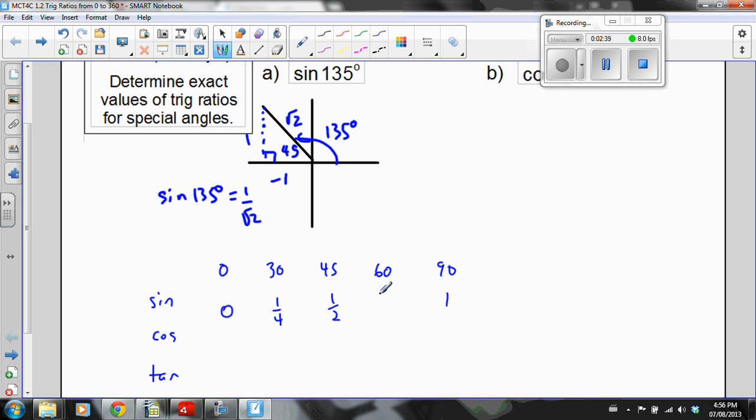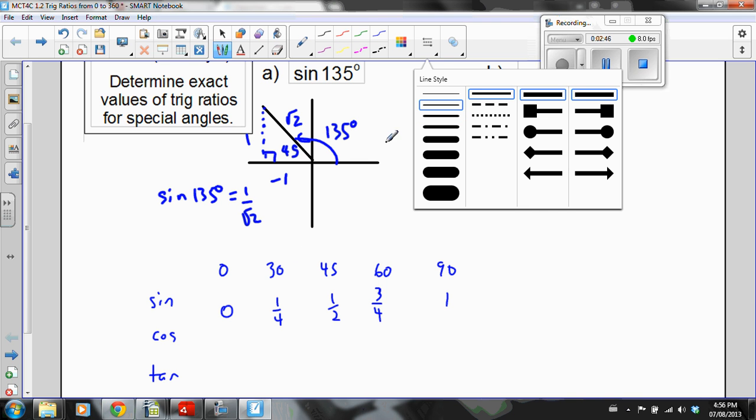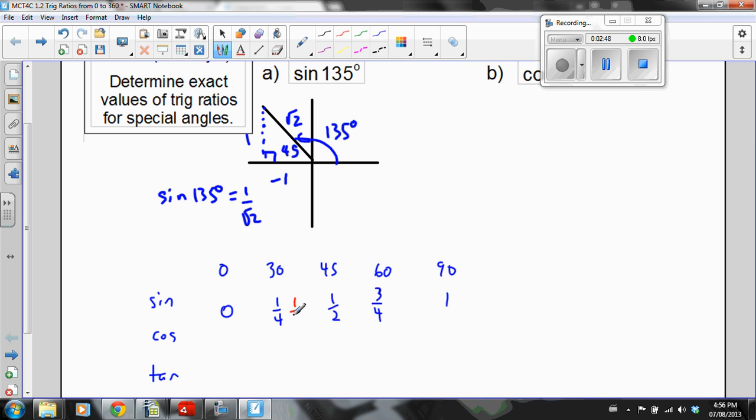And then remember the square root of everything. Right? Square root of everything. Square root of 1, square root of 4 is 2. Square root, square root, square root, square root. And the start and end the same, that's fine.